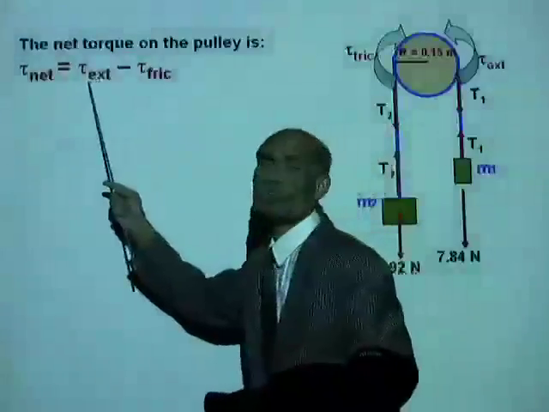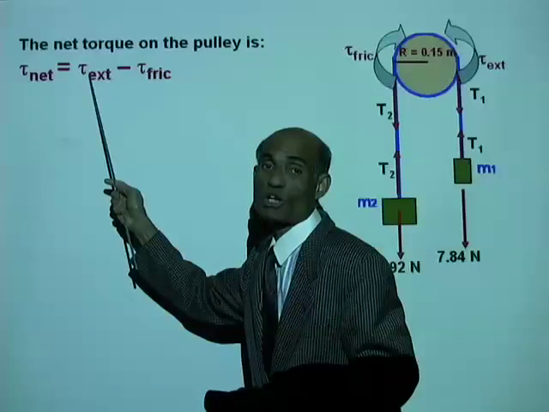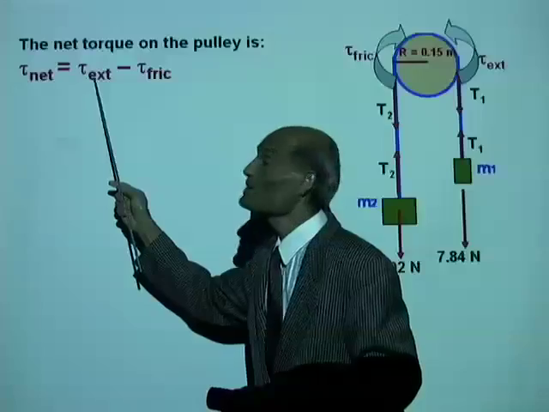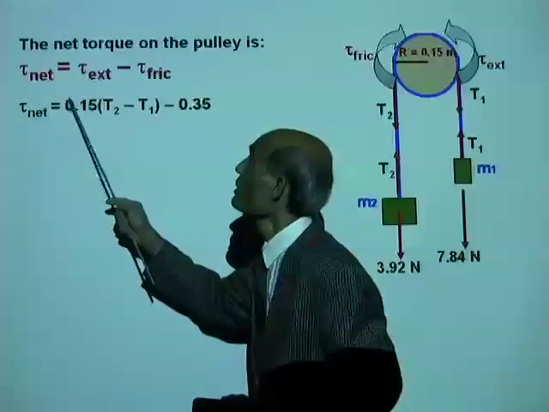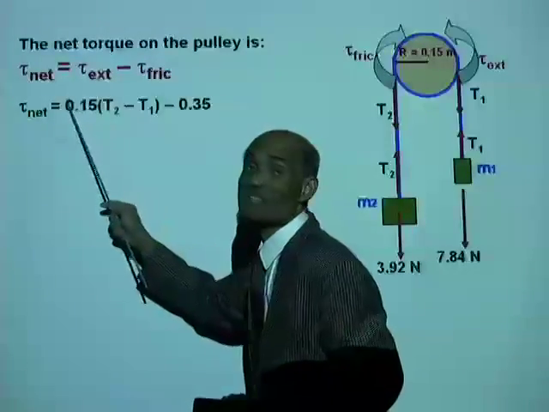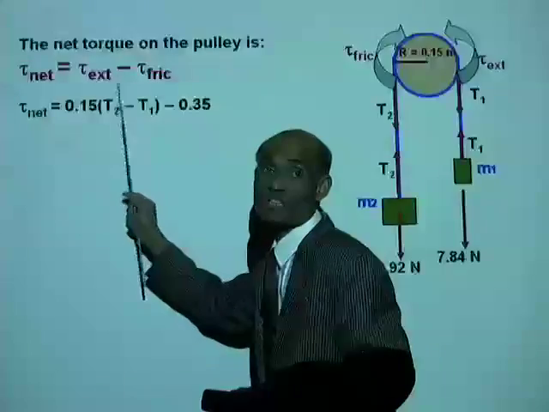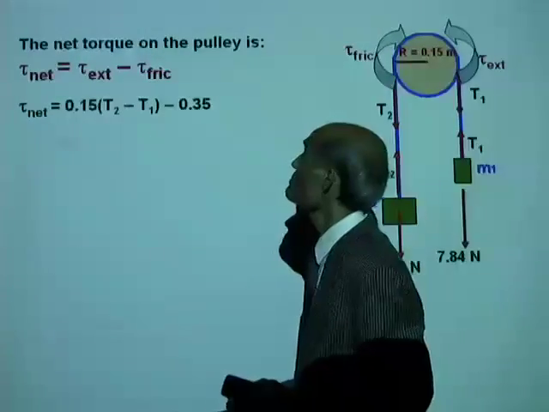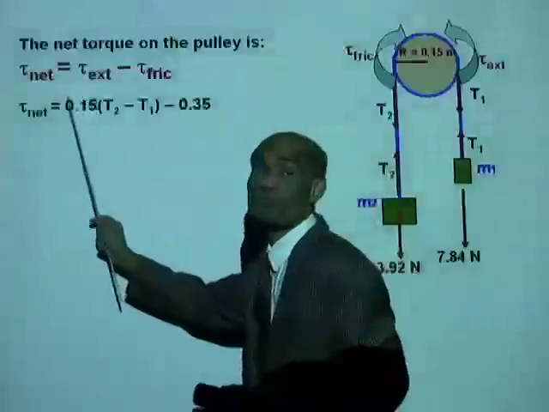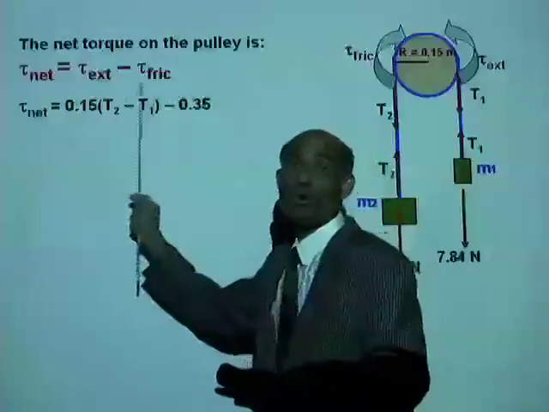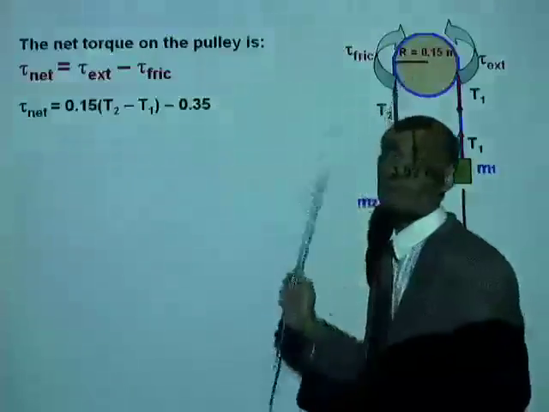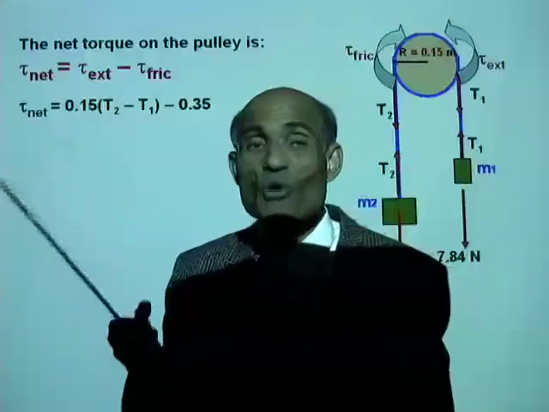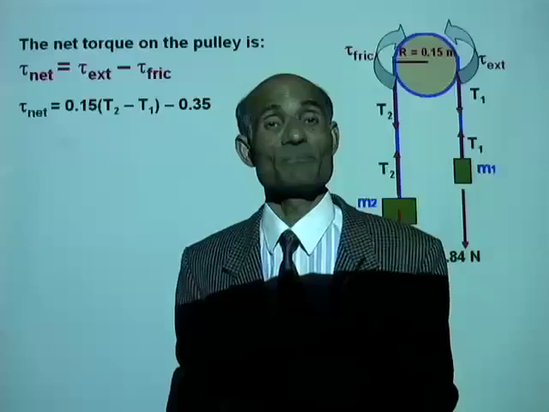Alright, tell me what did we get as the external torque? It is T2 minus T1 times 0.15. So T2 minus T1 times 0.15 is the external torque, minus the frictional torque, which is 0.35. So this is the net torque on the pulley. And now you tell me, what does the net torque do on the pulley?